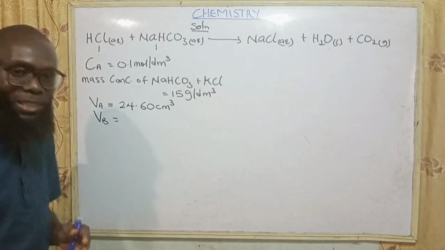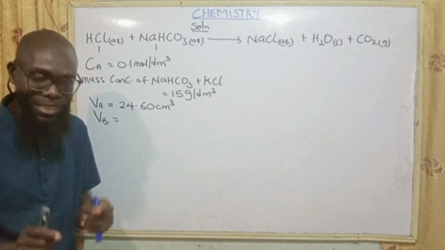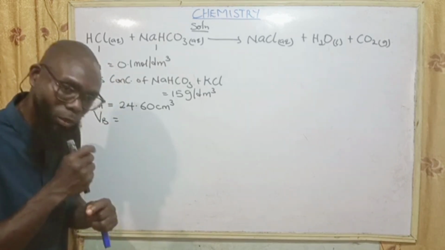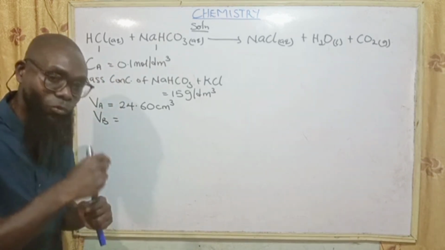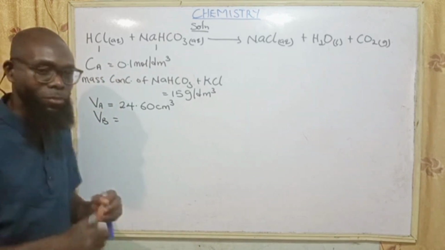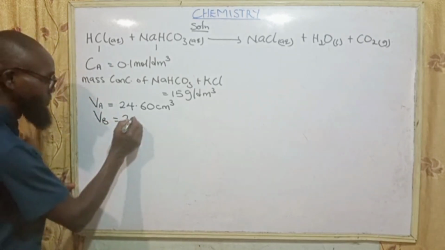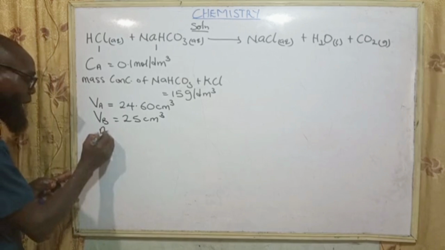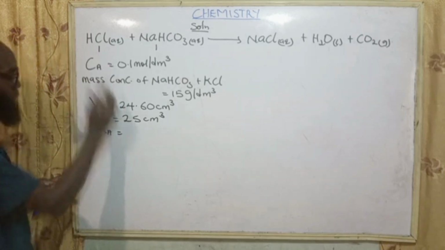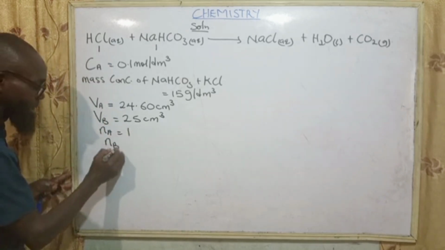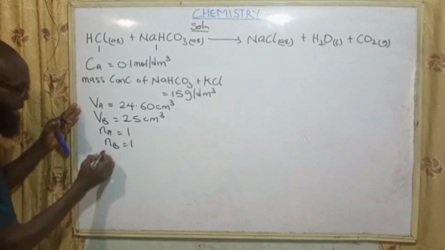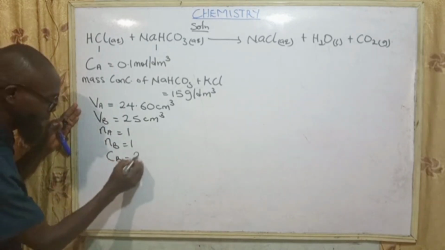The volume of base is the capacity of the pipette you are using. The pipette you use to suck your base is what we refer to as the volume of the base. Then we use 25 centimeter cube. Now, number of acid here is 1. Number of base is 1.